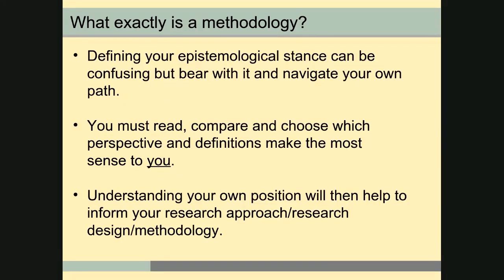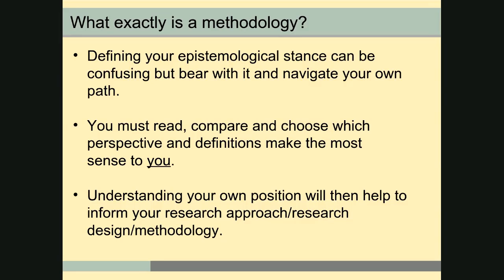So we've talked about this a little bit, but defining your epistemological stance can be really confusing, because if you just Google define epistemology, there are so many different variations. So, for example, I Googled it, and the top one on Google is epistemology is ways of knowing and nature of knowledge.